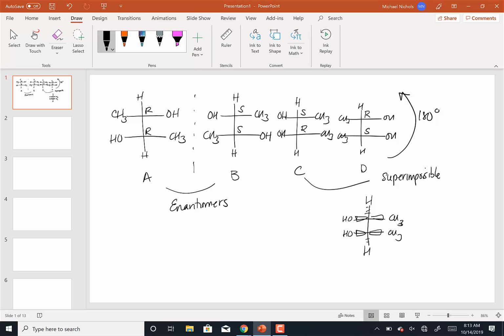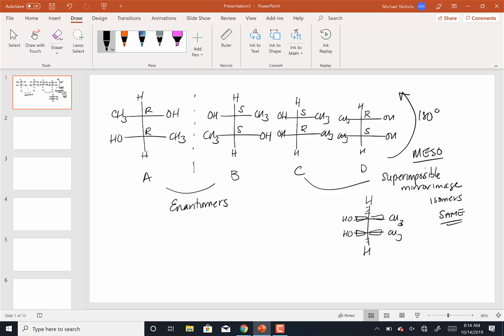They're superimposable. But what else are they? They're also mirror images. So these are superimposable mirror image isomers. And they are the same structure. And that is the definition then of a meso compound.